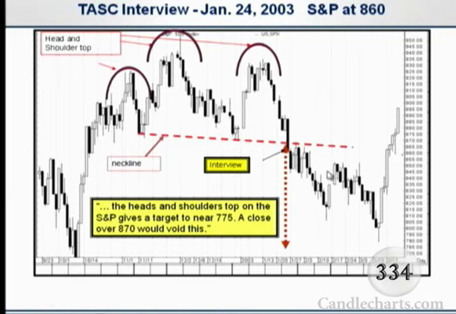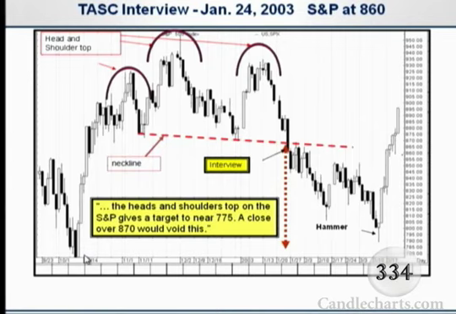But the market stalled right at the resistance line, and look what we got right near 775. And these, folks, were the major lows in the S&P in 2003. We had a target based on the head and shoulders confirmed by a candle signal. Now, I said before, normally if you have a candle signal confirming a target, we wouldn't think about initiating a new trade.